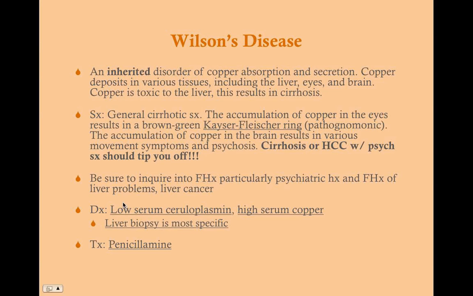But if a patient has this brownish-green ring around their iris, psychosis, and symptoms of cirrhosis, your diagnostic test of choice is going to be a ceruloplasmin level. The treatment here is going to be penicillamine, which is a copper chelator.